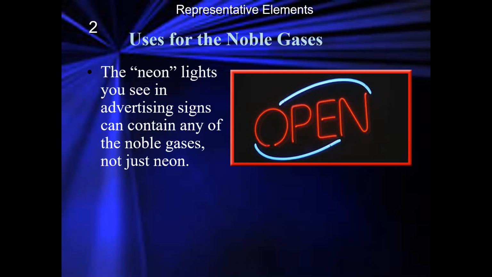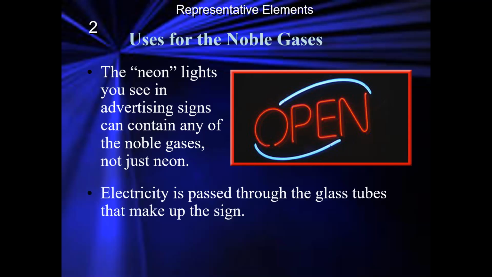For example, for these lights to work, electricity is passed through the glass tubes that make up the sign, as you can see in this open sign. When electricity is passed through these glass tubes, they light up.